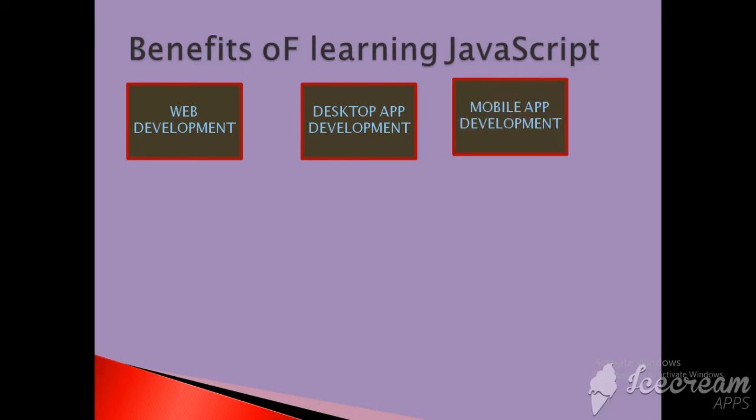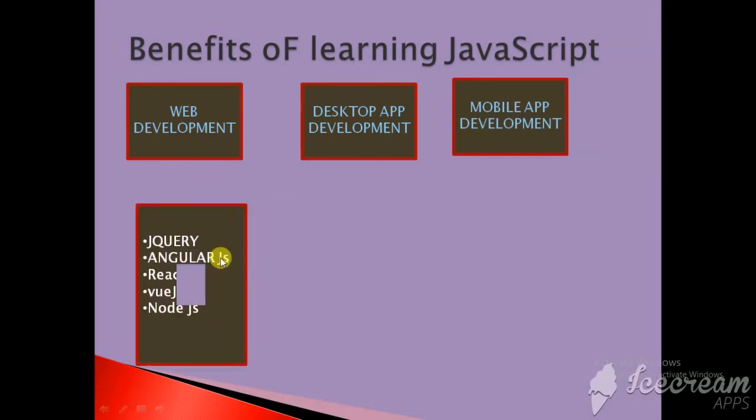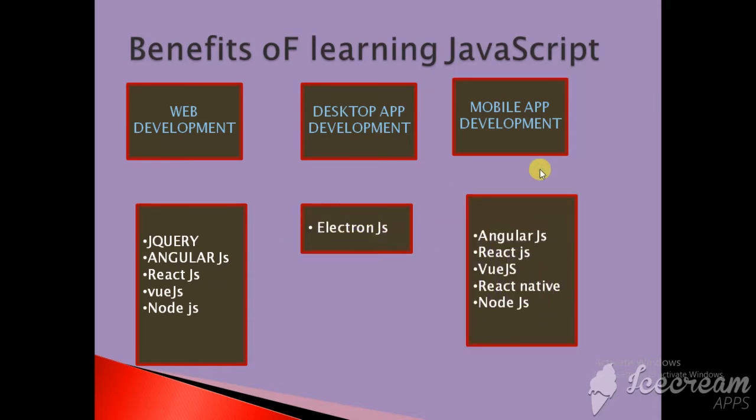Most probably in your mobile system, most mobiles are using JavaScript. So all this can be done with the help of JavaScript. And jQuery and other things are some of the development tools which will be needed for web development, for desktop applications, and for mobile applications, that is jQuery.